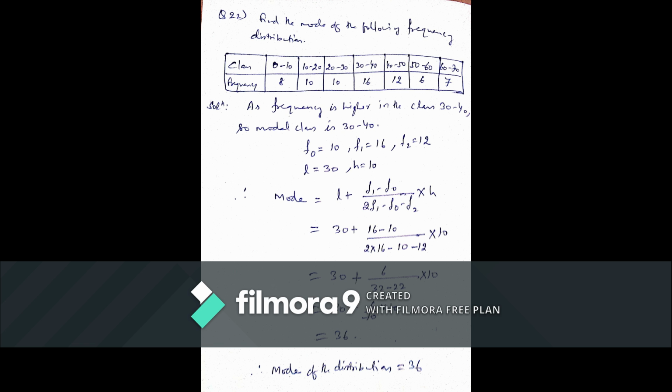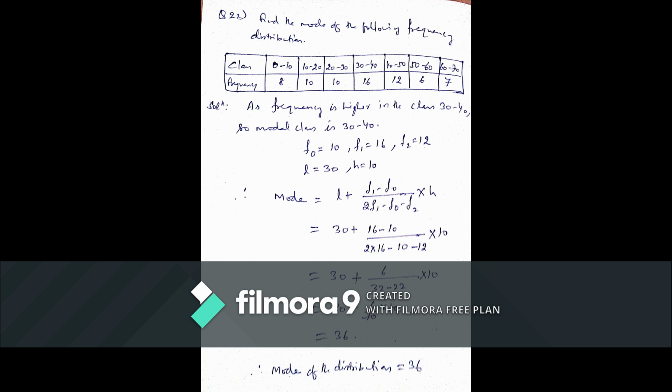Now question number 22 is from statistics. Statistics also has a direct formula based question. Find the mode of the following frequency distribution. The classes are 0 to 10, frequency 8; 10 to 20, frequency 10; 20 to 30, frequency 10; 30 to 40, frequency 16; 40 to 50, frequency 12; 50 to 60, frequency 6; 60 to 70, frequency 7.